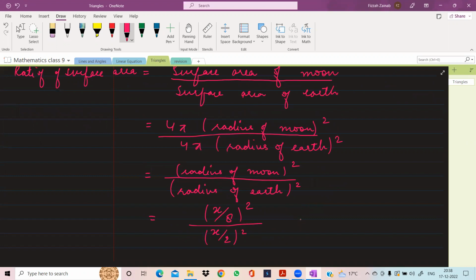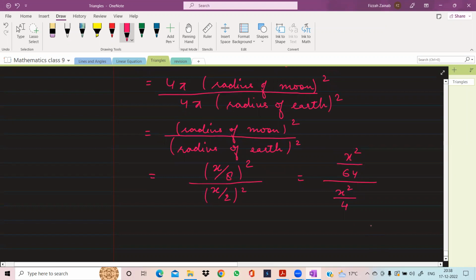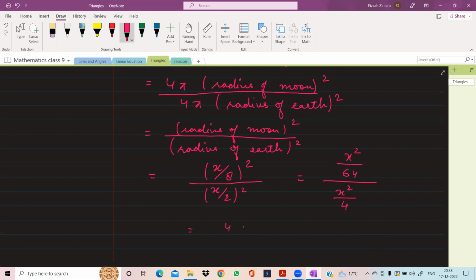Okay. So this becomes x square divided by 8 into 8 is 64. Now here it becomes x square divided by 2 into 2 is 4. Understand? Fine, Jaslyn? Okay, so now you can multiply. So 4 into x square and divided by 64 into x square. Is that clear? The outer ones together and the inner ones together. Sorry, this actually goes in the numerator and this comes down.